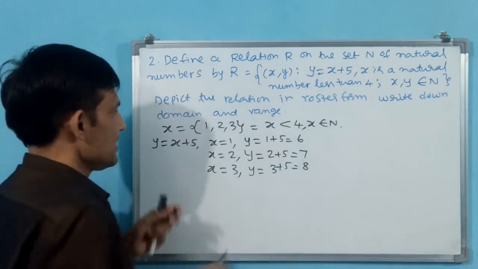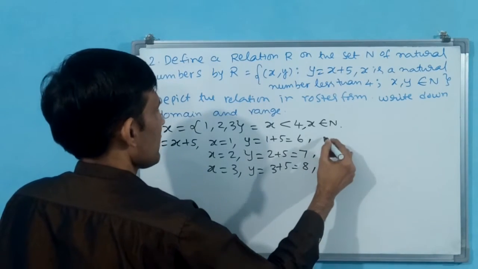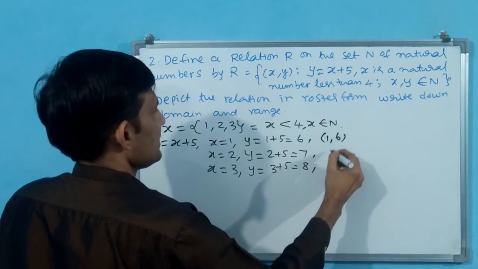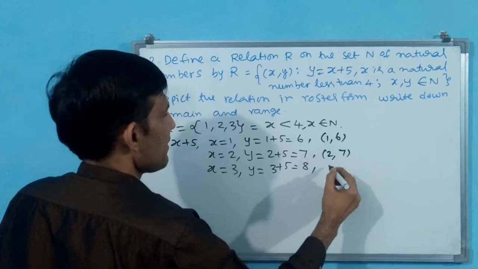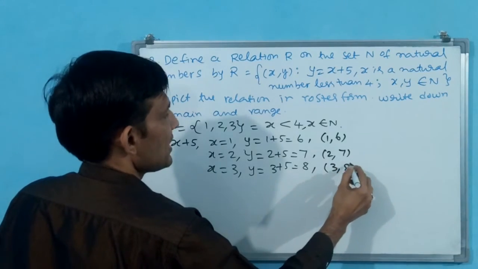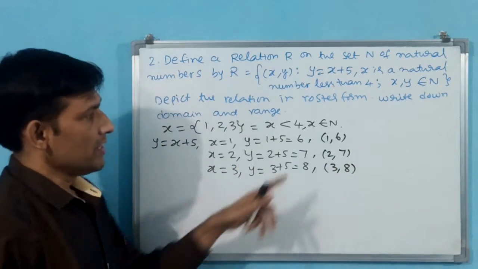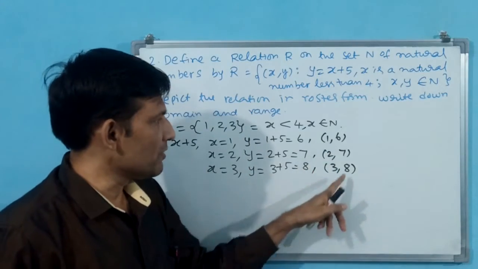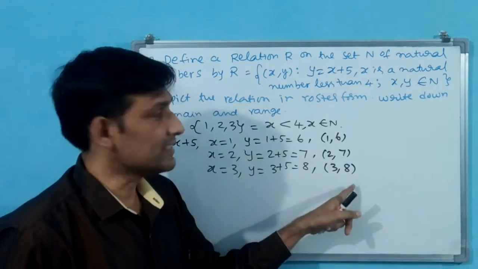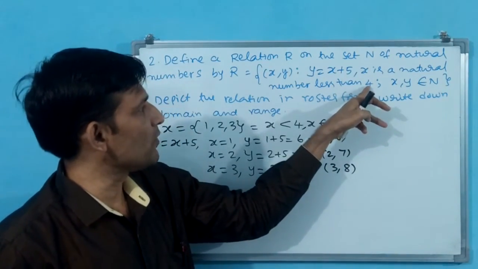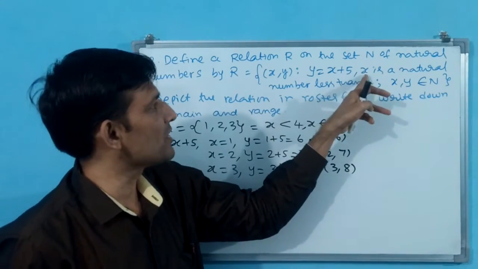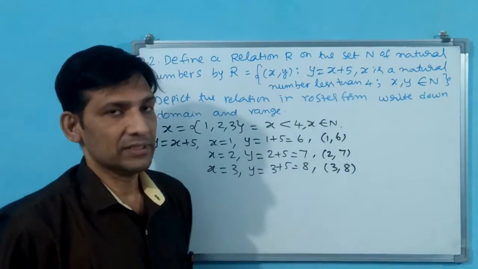See, if we observe here, 1, 6, 2, 7, 3, 8. The x coordinate is 1, 2, 3 only, but the y coordinate is 6, 7, 8. 6, 7, 8 are coming, no more than 4. But what is this 4? This 4 is controlled by x only.